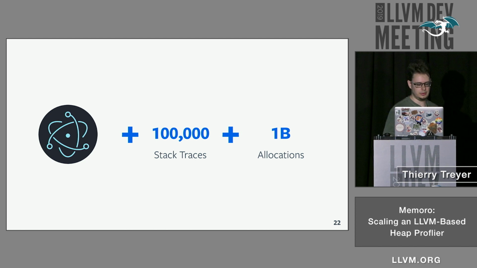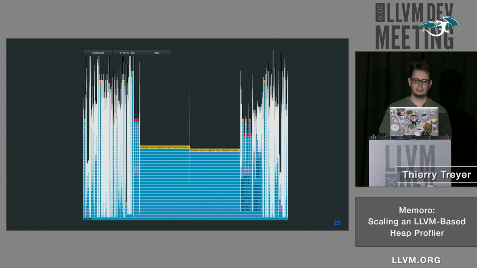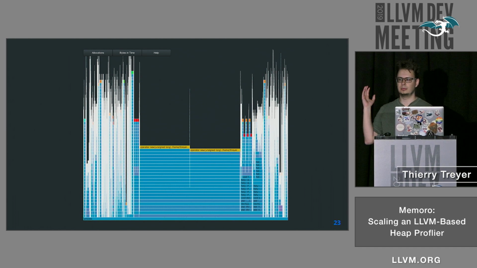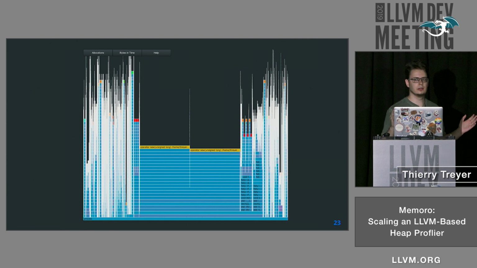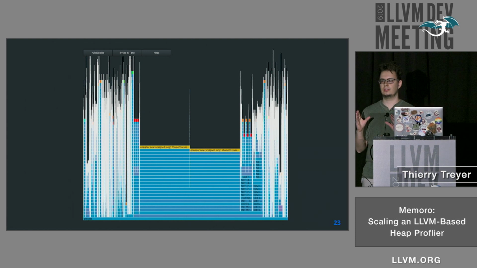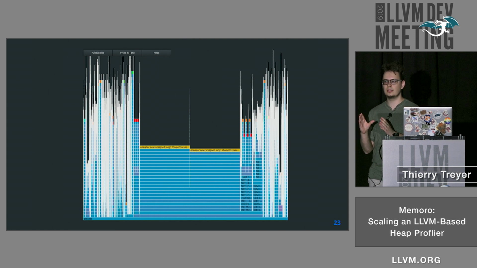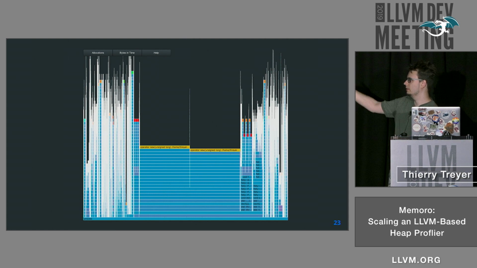One of the big problems we had is simply the sheer amount of stack traces being displayed. So this is one of the flame graphs that Memoro can display. On the x-axis, you have the impact of that stack frame. So for instance, if you select allocation size, the larger the amount of memory that allocation point allocated, the wider it will be in the flame graph.